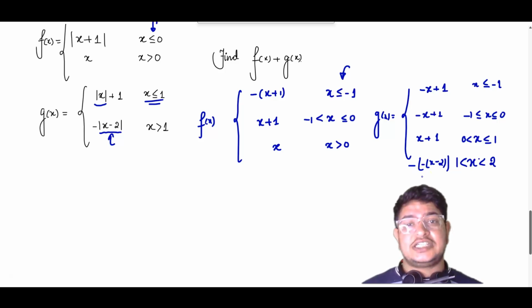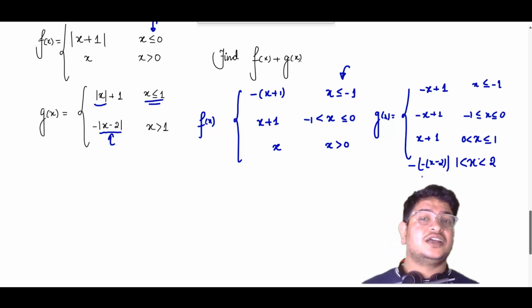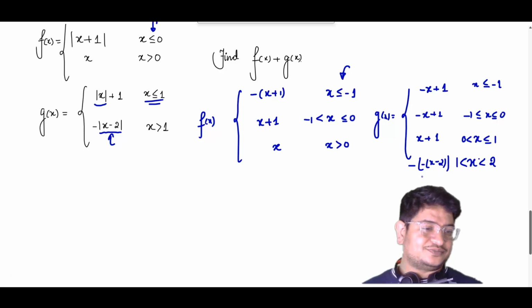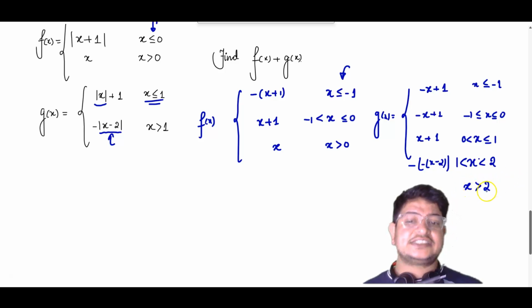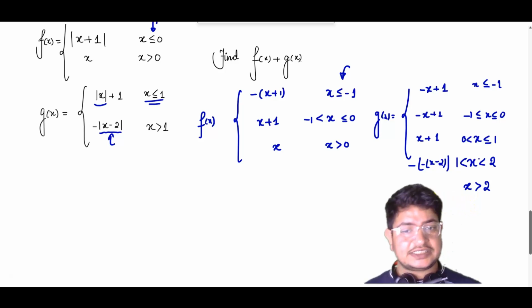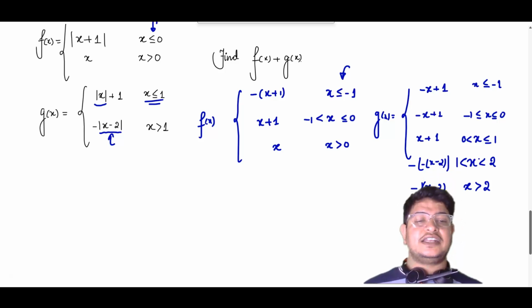If the value is less than 2, you will get negative of x minus 2. But we have a negative outside, so it will turn out to be positive, 2 minus x. Then we take x greater than 2. In this condition, you will get the answer as negative of x minus 2. That's how we will divide everything.